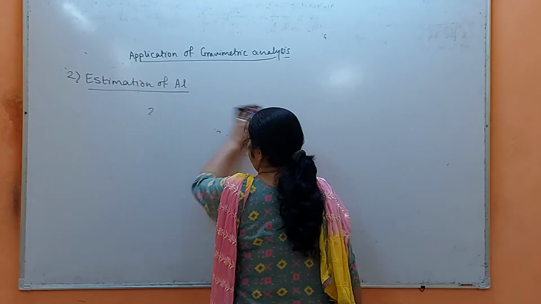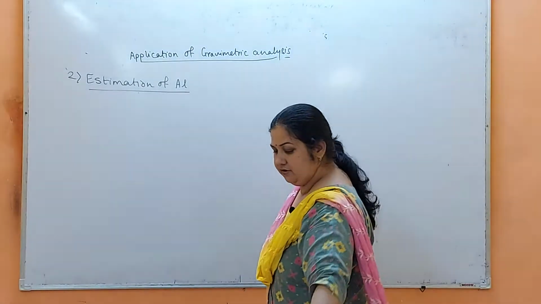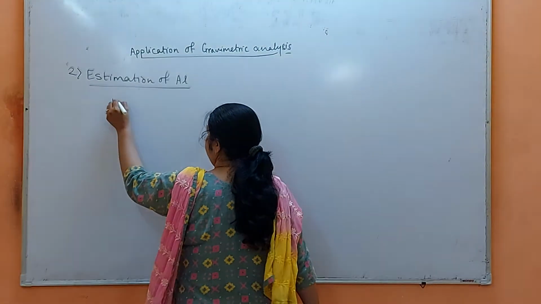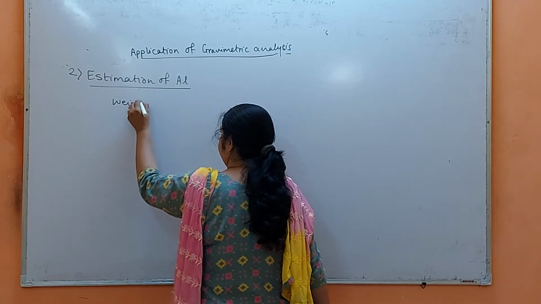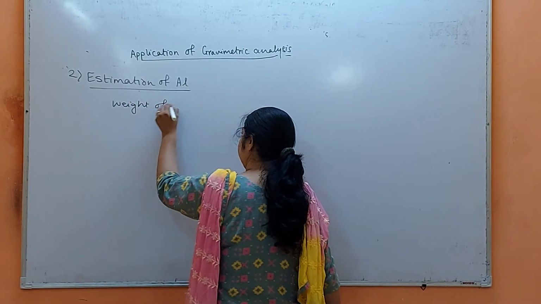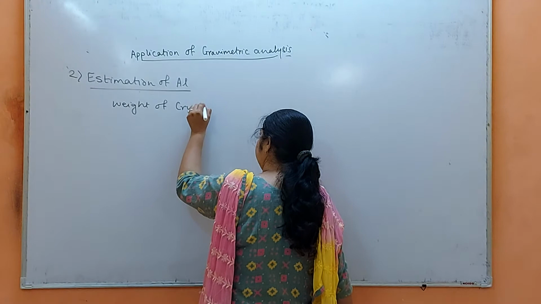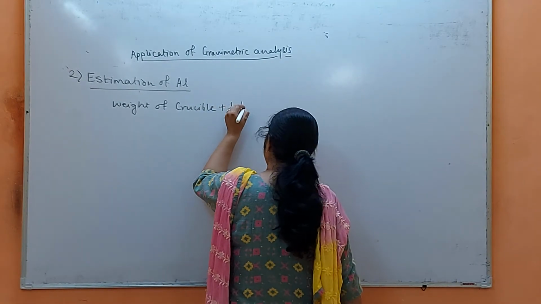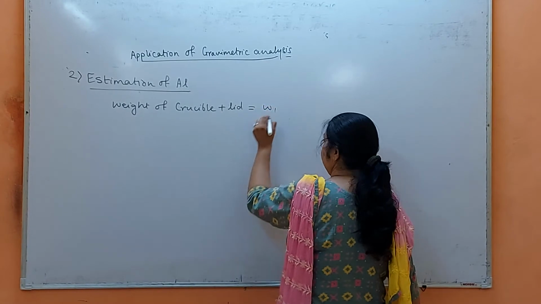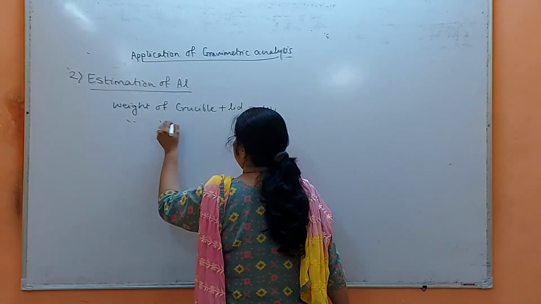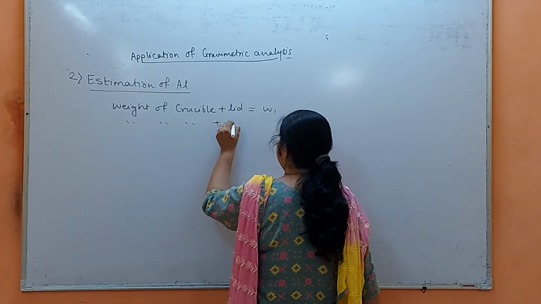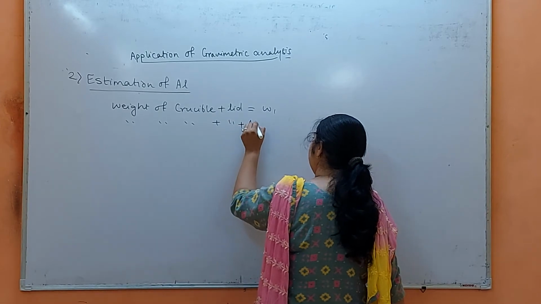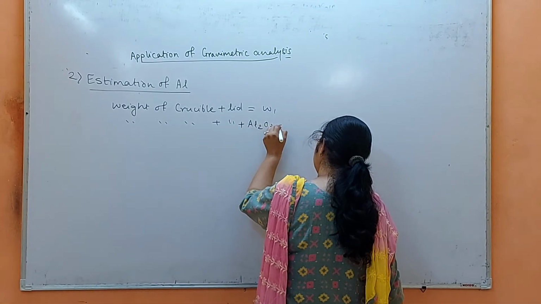Now say weight of crucible plus lid is W1 gram, weight of crucible plus lid plus Al2O3 is equal to W2.